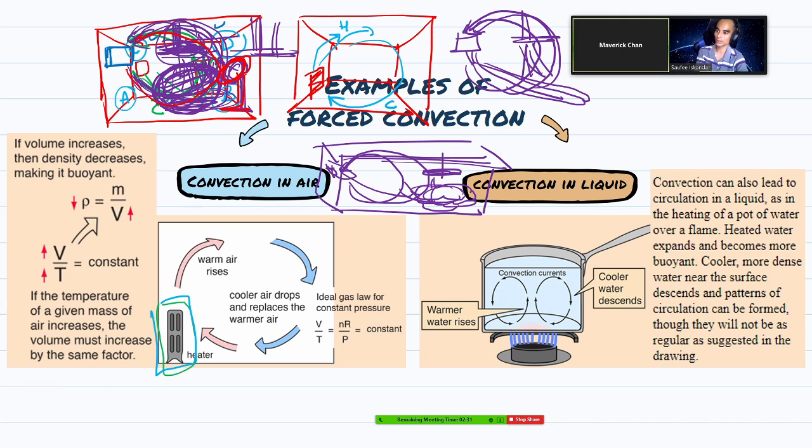Yeah, this one should be a good idea, a standing fan rather than a ceiling fan. Of course, the fan will be the one mixing up the hot and the cool, helping the mixing of the convection of the air inside the room. But it depends on the position of the fan.